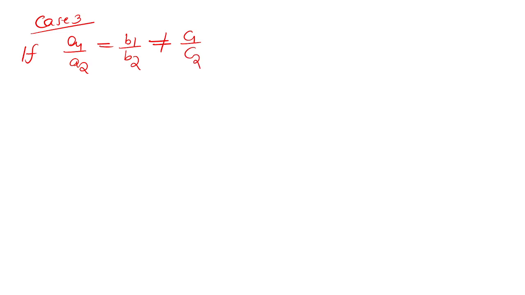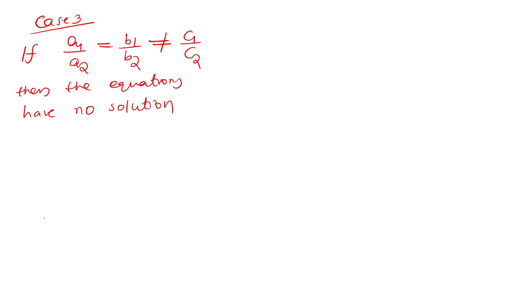Nature of solution: A1 by A2 equal to B1 by B2 but not equal to C1 by C2. What we can say? Then the system of equations has no solution. We cannot solve it. No solution for that.